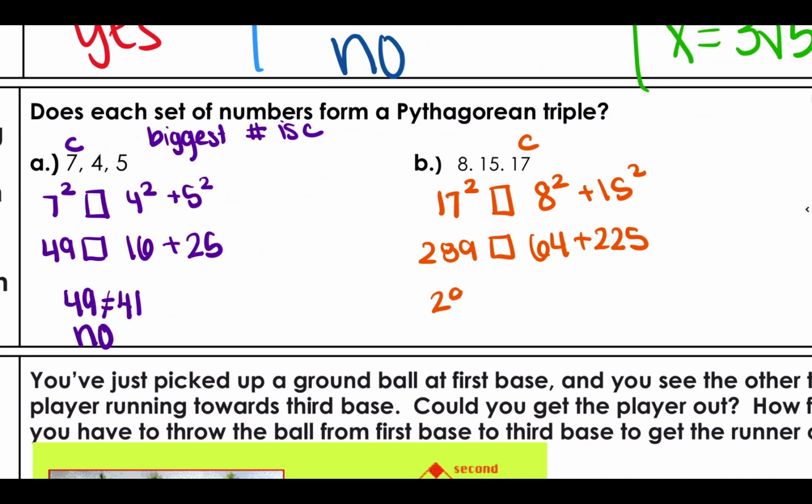So 64 plus 225 is 289. So 289 is equal to 289. So yes, 8, 15, and 17 are a Pythagorean triple.